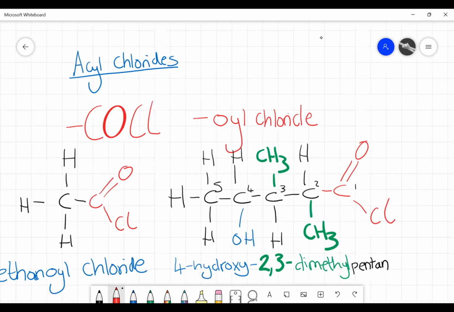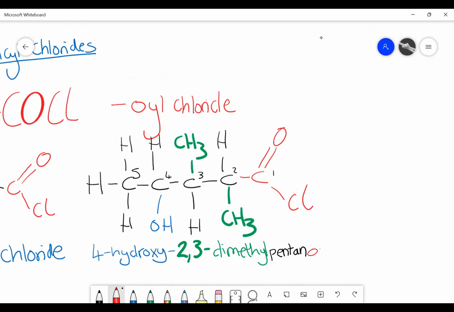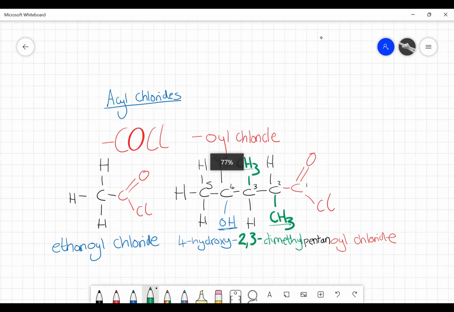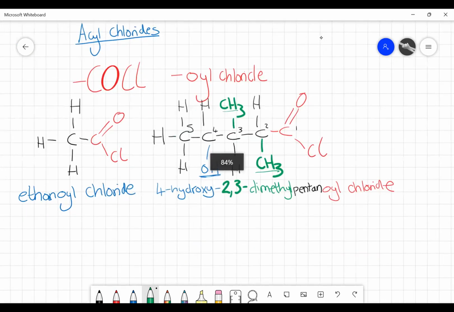So if I make sure I've got this bit in the same color, oil chloride. So 4-hydroxy for that hydroxyl group here, 2, 3 dimethyl, pentan, 5 carbons, oil chloride. So that is how we would name our acyl chlorides.